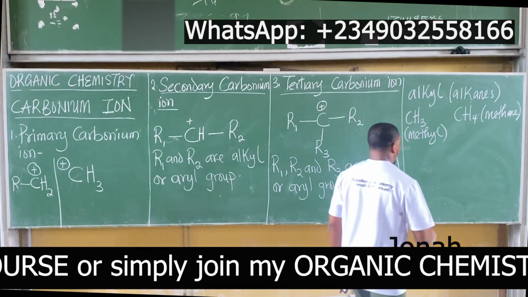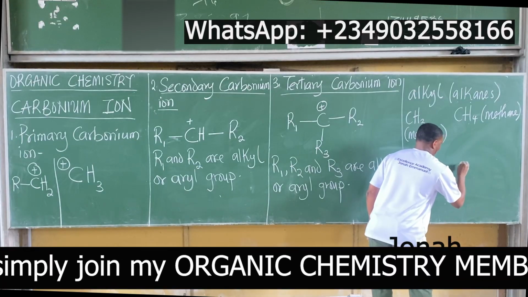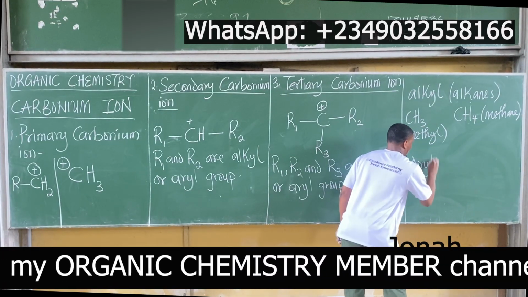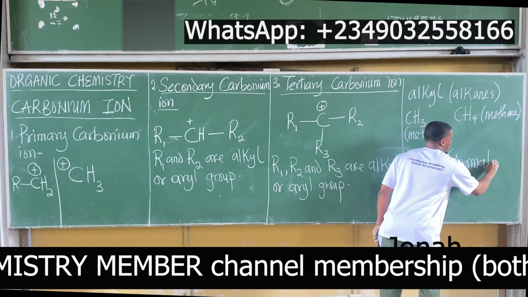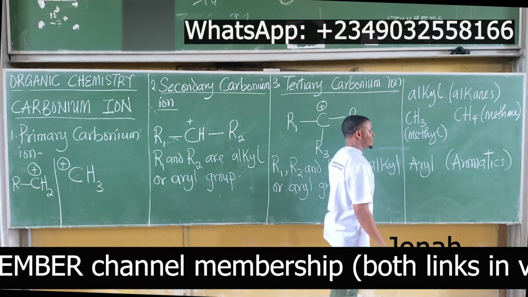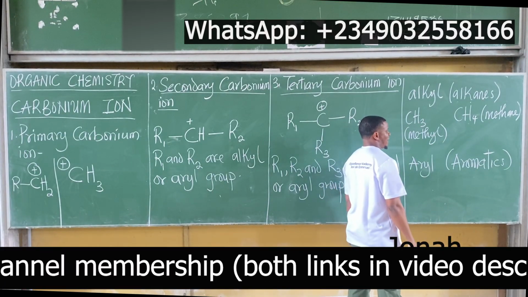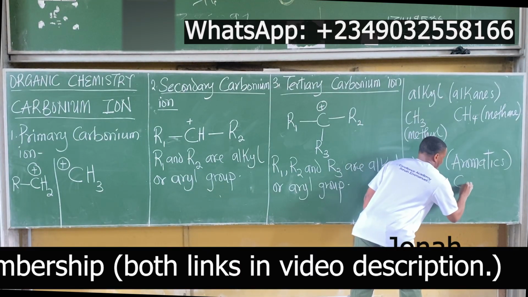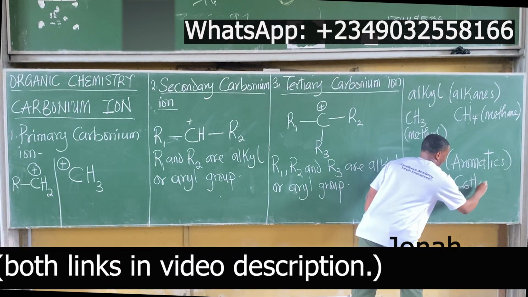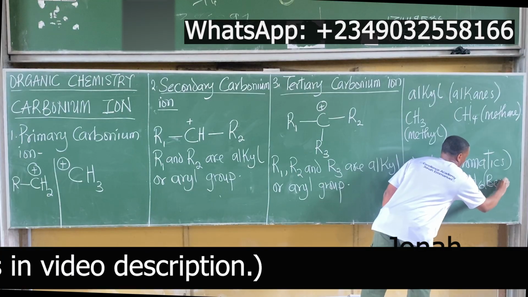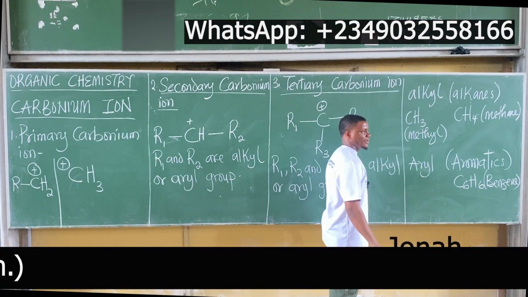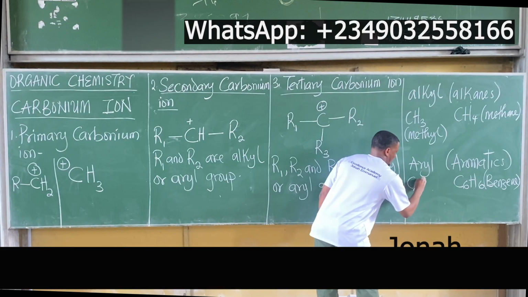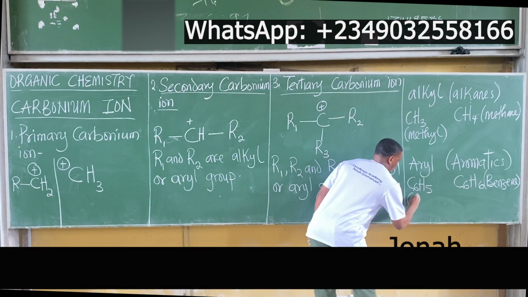Benzene, C6H6. If benzene loses one hydrogen, what would it be? C6H5. What is this called?